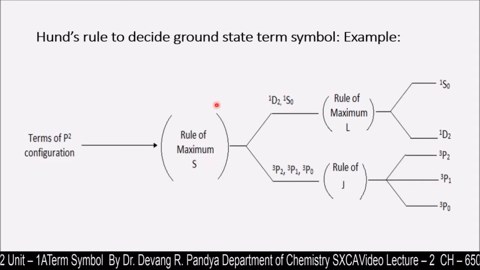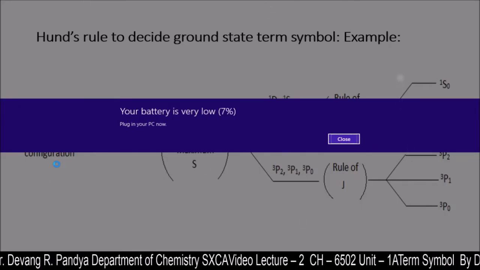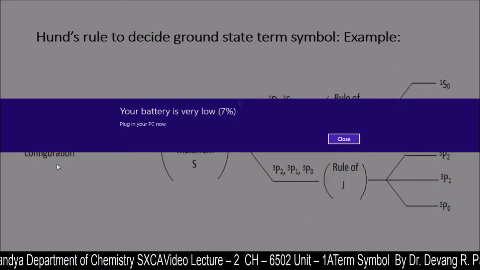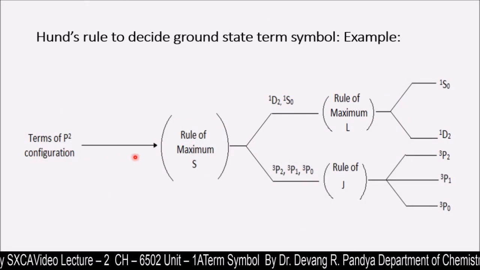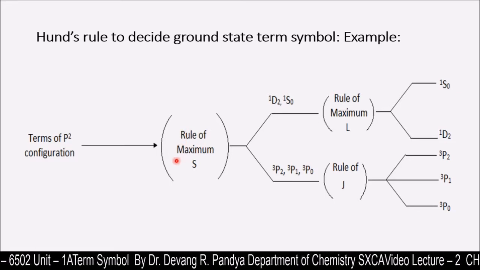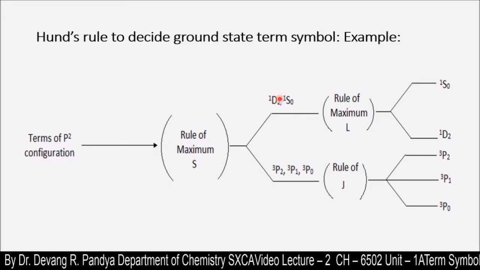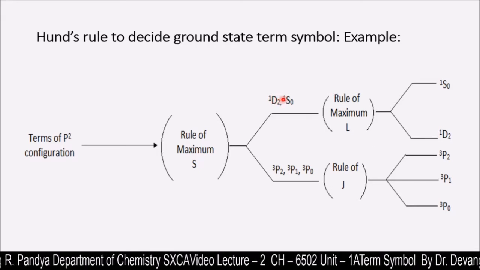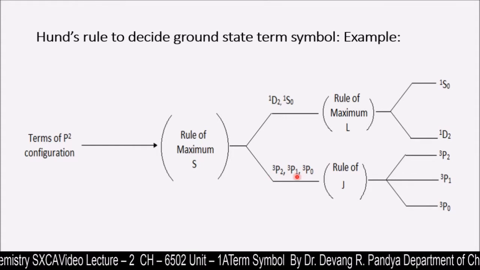Now here the flow chart is given for this P2 configuration. For P2 configuration, we're going to apply the rule first, that is the rule of maximum S, and using this rule we can arrange the singlets in higher energy levels and triplets in the lower energy level.